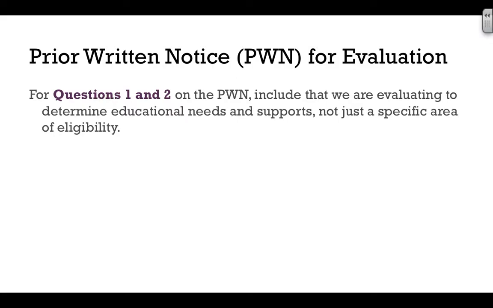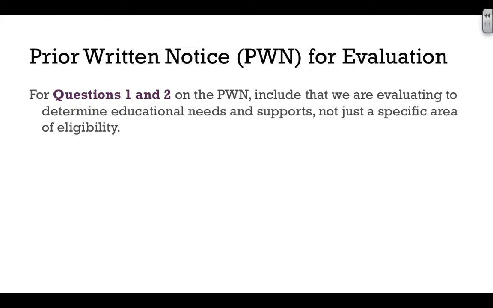Here are some of the things our file review team noted about our prior written notices for evaluations. When documenting what the district is proposing and why, be sure to state that the reason we are evaluating is to determine educational needs and supports.